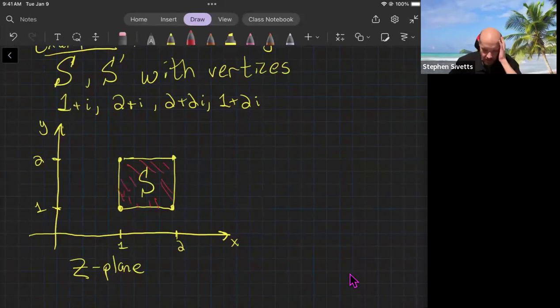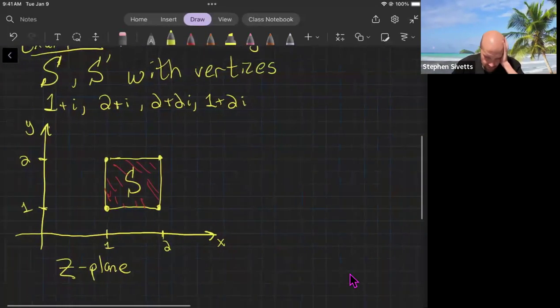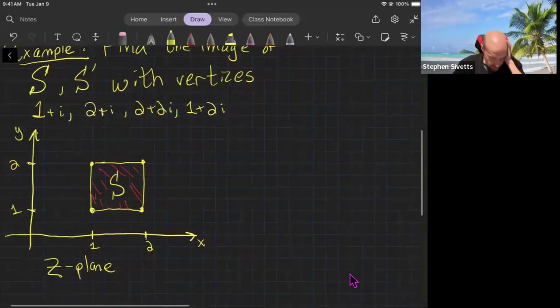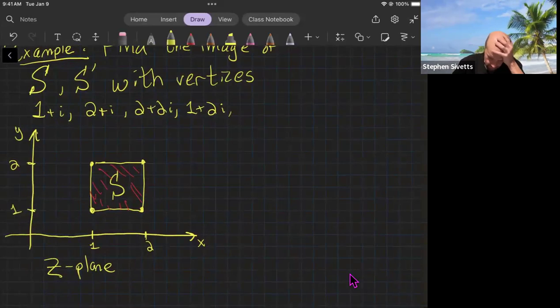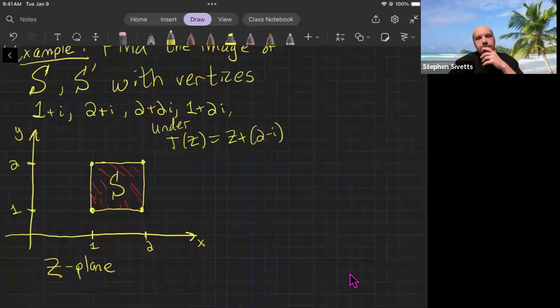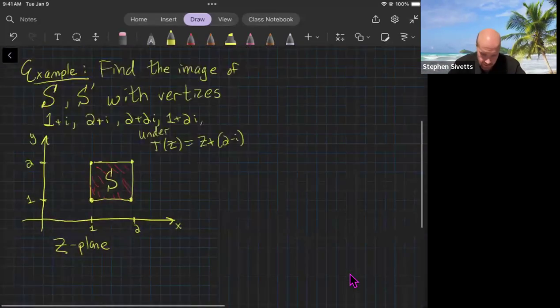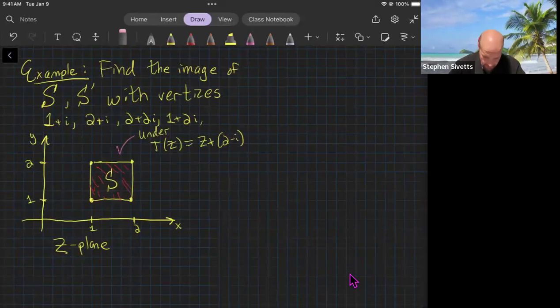Okay. And we want to look at what this function does. So under the function, let's say T of z equals z plus 2 minus i. Okay, so we have this function here, and we want to look at what this function does to our set S as indicated in the z-plane, right?